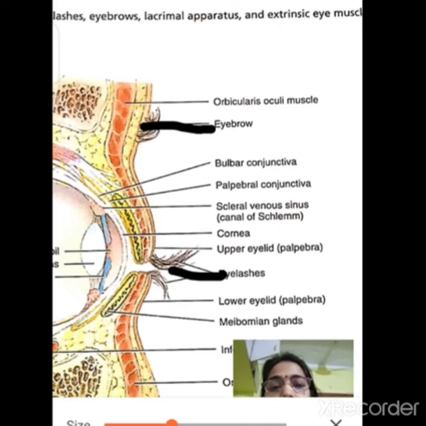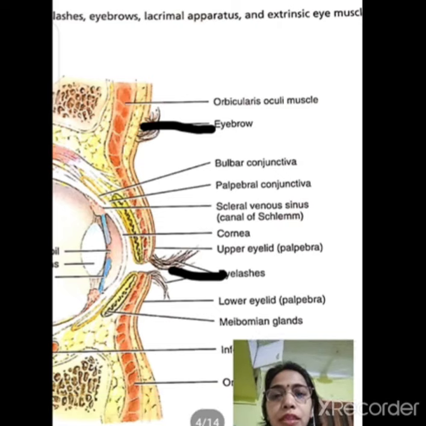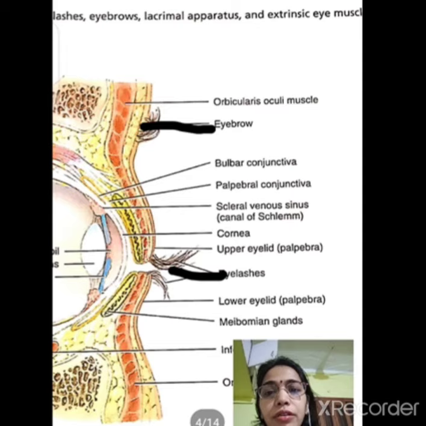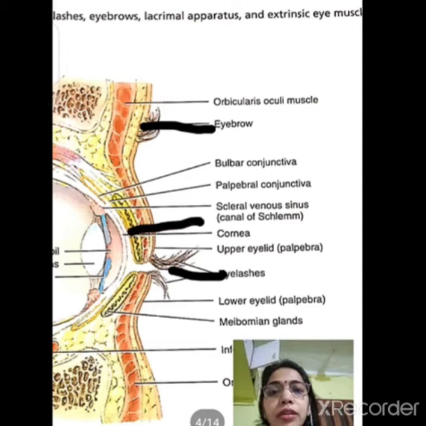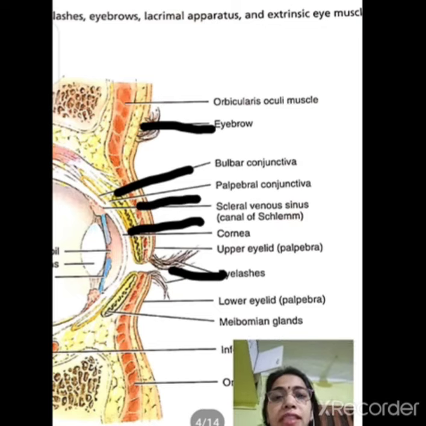Then you can see the cornea, then bulbar conjunctiva, then palpebral conjunctiva. Then the scleral venous sinus, also called canal of Schlemm. Then the upper eyelid. Eyebrows, eyelashes, upper eyelid, this is all outside.